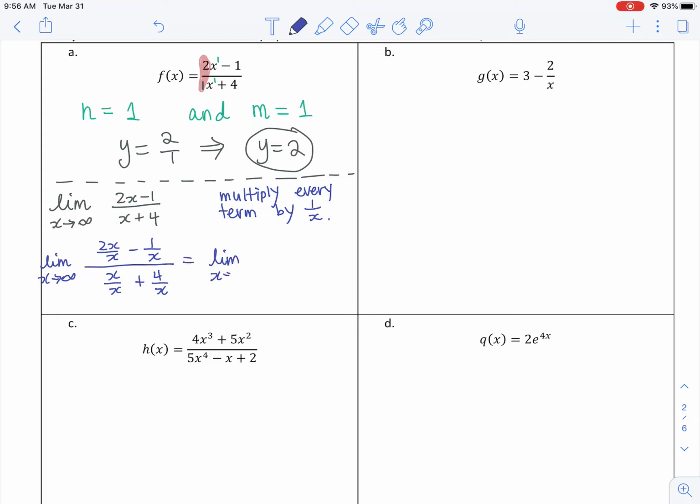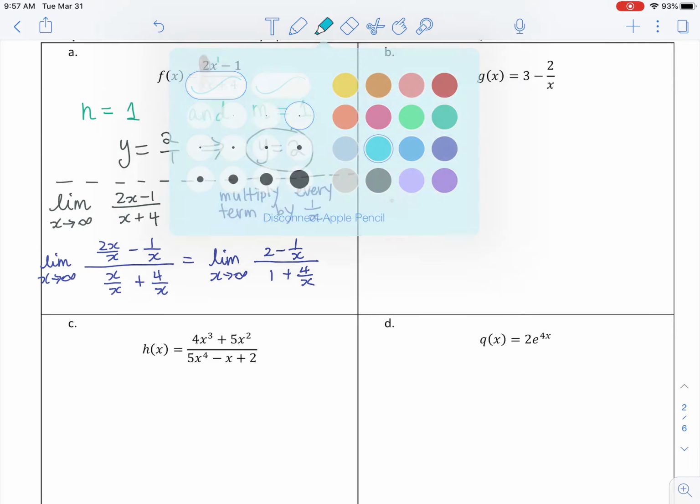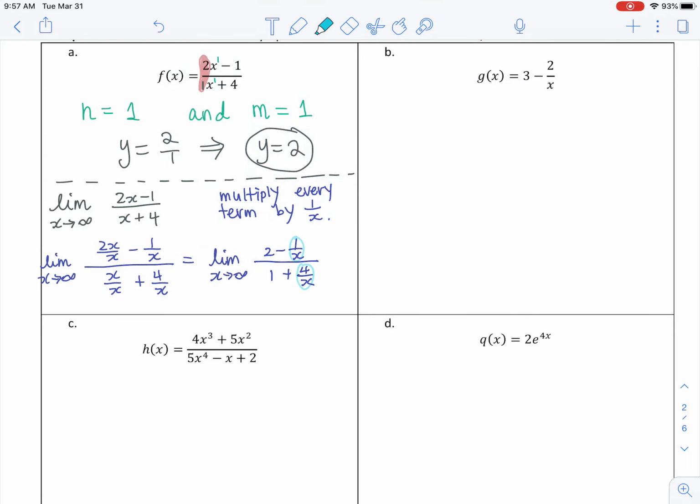Now we're going to simplify this. That's the same thing as the limit as x approaches infinity of 2 minus 1 over x, over 1 plus 4 over x. Now what I'm about to circle, you see these guys? You know what they are, right? They just go straight to 0. So if you evaluate this, that's going to be 2 minus 0 over 1 plus 0. Therefore, the limit goes to 2.